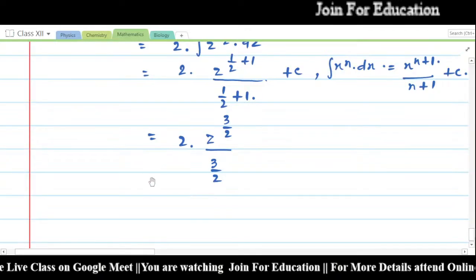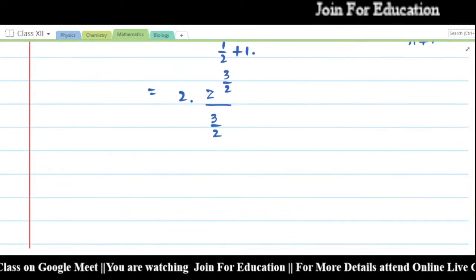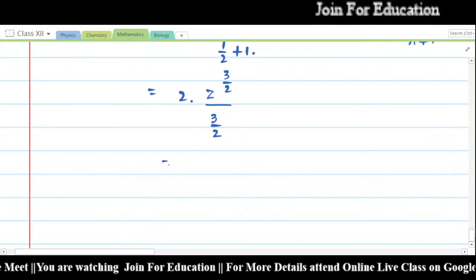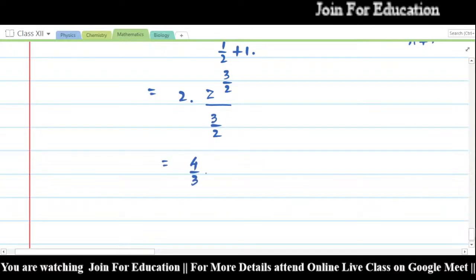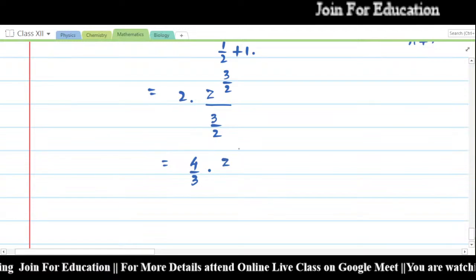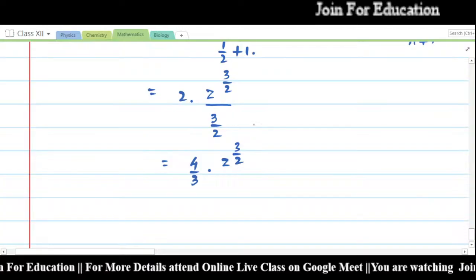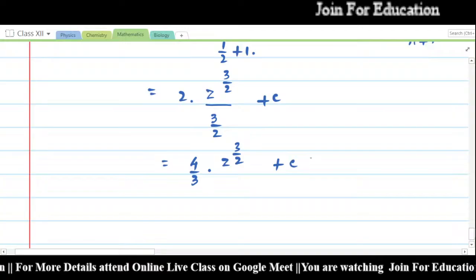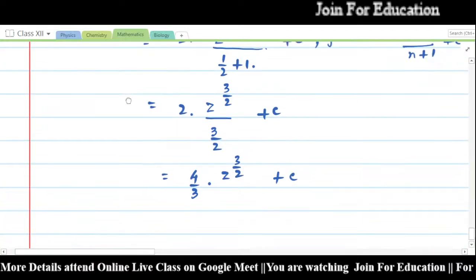So the next step will be 4 by 3 into z to the power 3 by 2, and we write down here plus c. This is the integration constant.